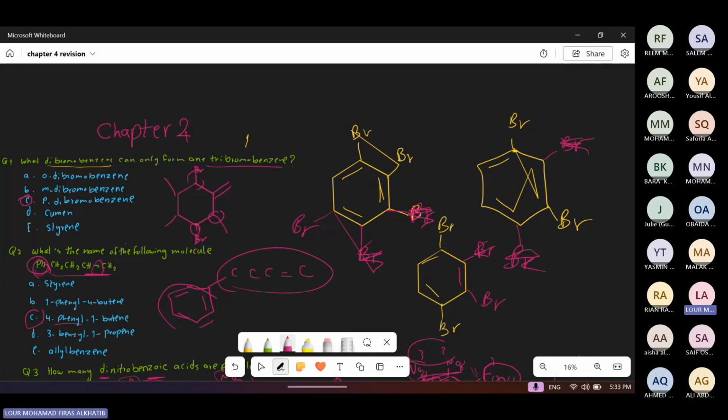Yes, it is the same, because if we count from here it becomes 1 2 3 4, and if we count this one it's also 1 2 3 4. Same thing. Okay, if we put it here, again, what is it? The same thing, 1 2 3 4. We remove it and put it here, again we could number 1 2 3 4. But no matter where we put the third bromine, we still get the same structure.